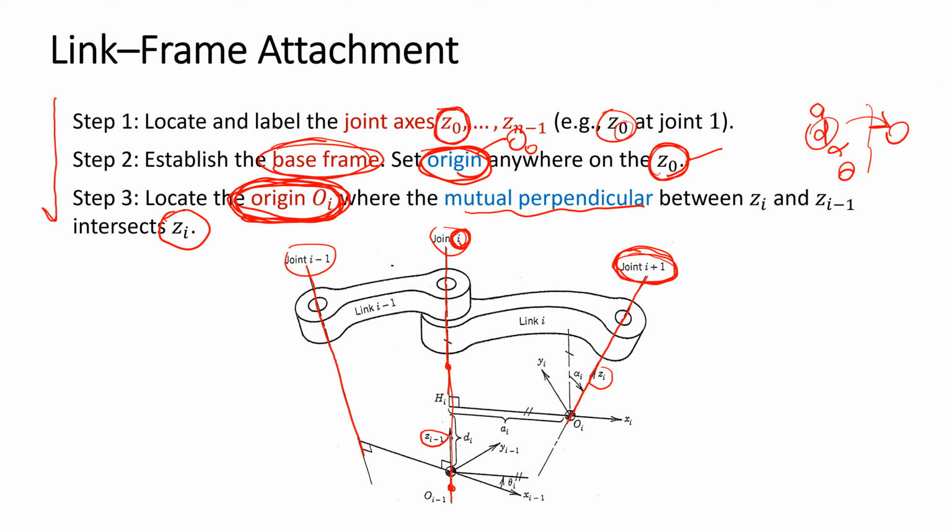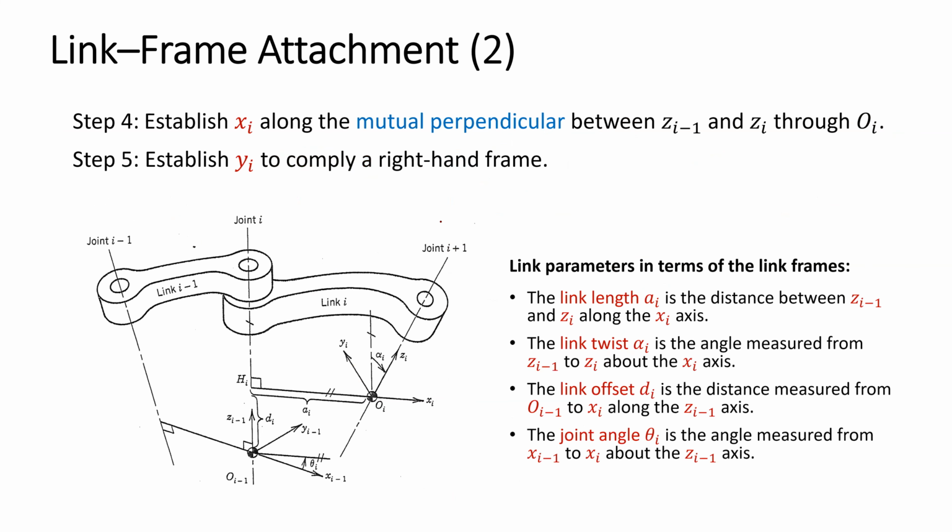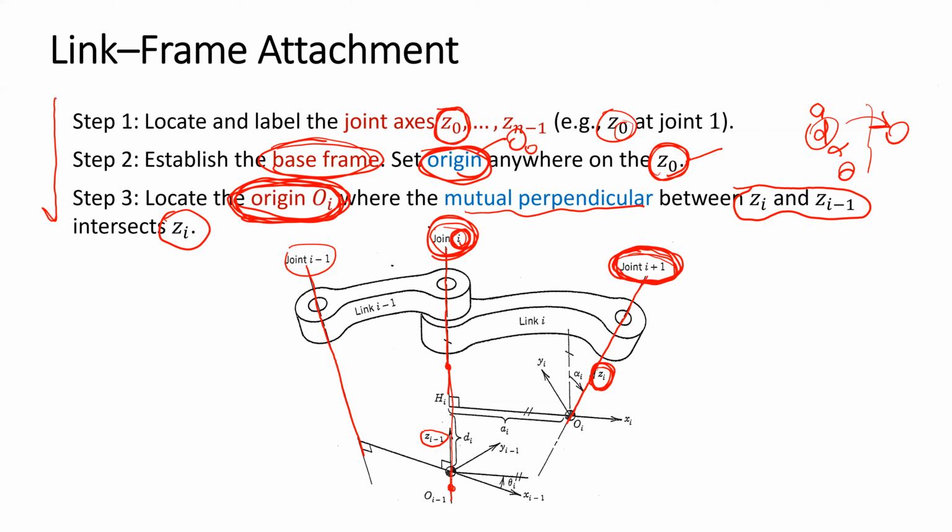If we look at the mutual perpendicular between Zi and Z(i-1), for joint i+1 the z-axis is Zi, and for joint i the z-axis is Z(i-1). The mutual perpendicular between the joint axes is this line.